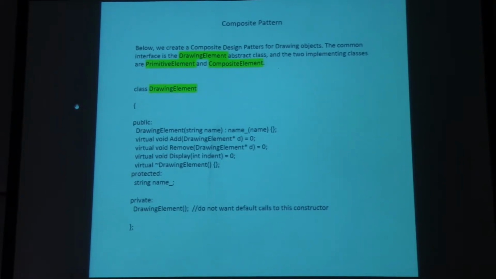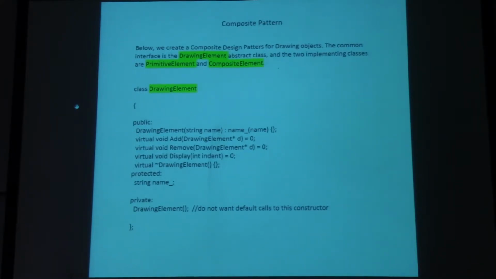A virtual destructor is needed so that if you subclass a concrete class out of this one and give it a destructor, the destructor will be called. If you don't have a virtual destructor, the subclass's destructor will not be called. So you have to make a virtual destructor if you're going to have subclasses that realize this particular interface. Drawing element is kind of like an interface, although it does have some real stuff in it.